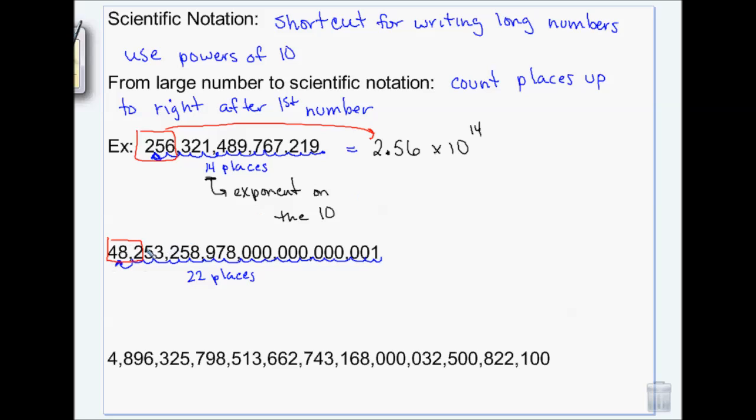Now this 5 right here is going to round that 2 to a 3. Oops, sorry. So it's going to be 4.83 instead of 4.82. And then I counted 22 places, so it's times 10 to the 22nd.